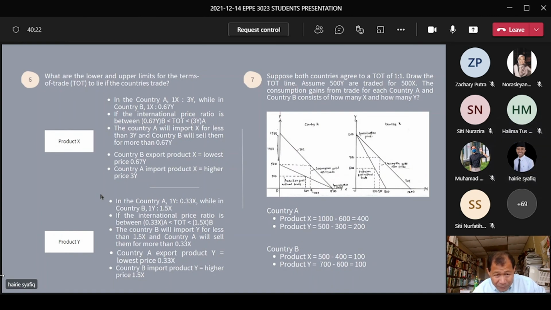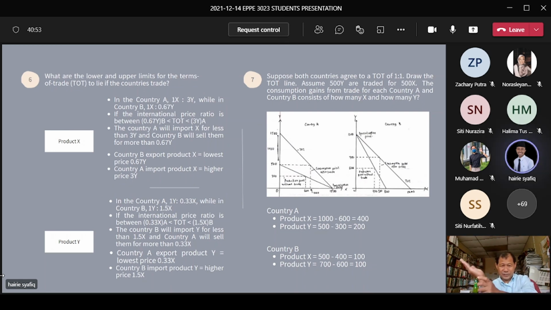The upper limit will be the line for country B's production possibility frontier. That's the upper limit. Country A wants to get as much as that.